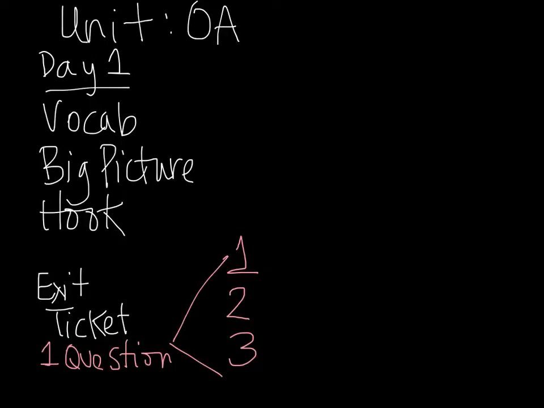Now we all know that sometimes level 1 is more top heavy than level 2, sometimes level 2 is more top heavy than any of them, and sometimes in those beautiful worlds we have kids all ready for level 3. But again, I used my exit ticket to put them into these 3 levels.